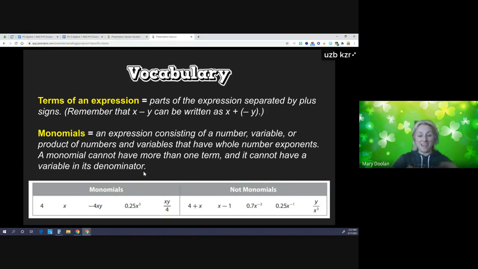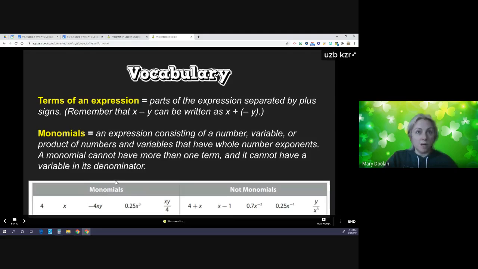That would change the sign on your exponent on a power. So no variables in the denominator, and when they're in the numerator, they have to have a whole number exponent. 0, 1, 2, 3, 4, 5, 6, 7, those kind of numbers.